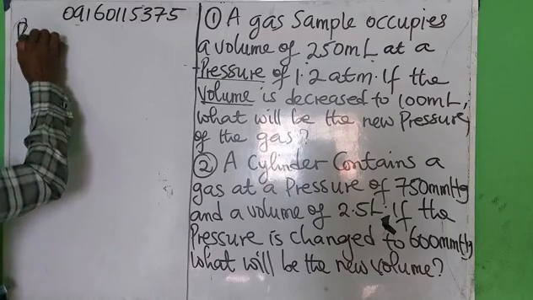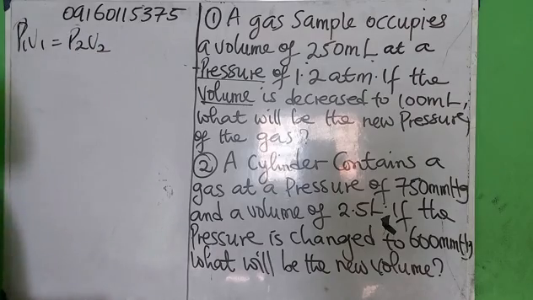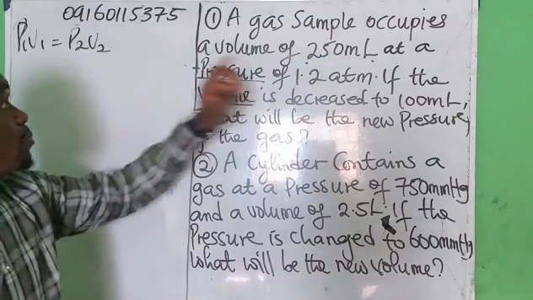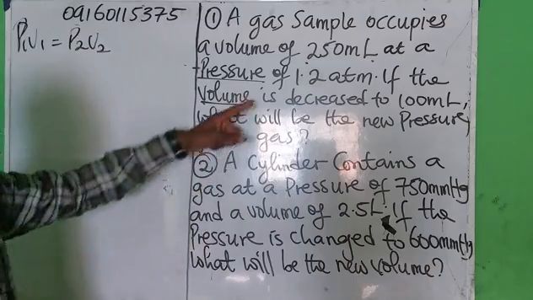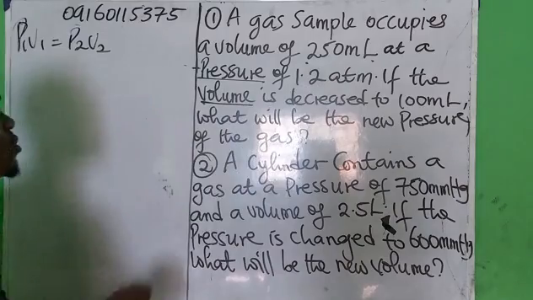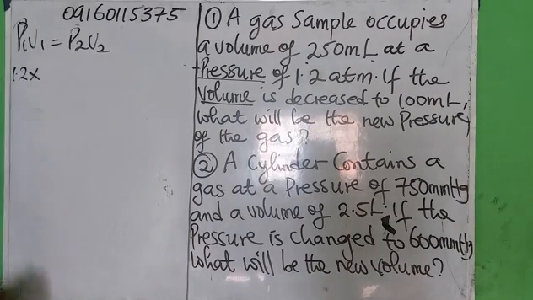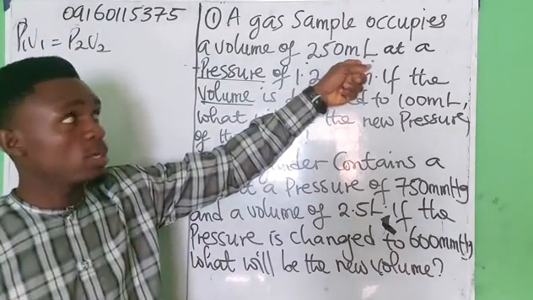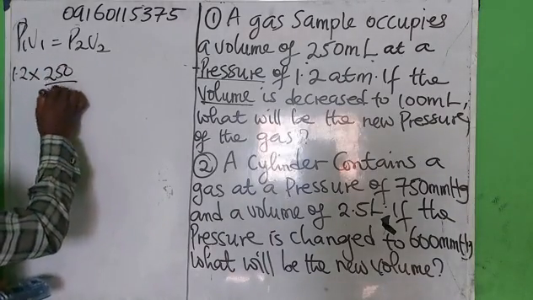Which is P1 V1 equals P2 V2, all right? P1 from the question is 1.2. P1 means initial, that is what was given as the first pressure. So 1.2 atm, times V1, the first volume given, which is 250 milliliter. So what do you do? You divide by 1000.